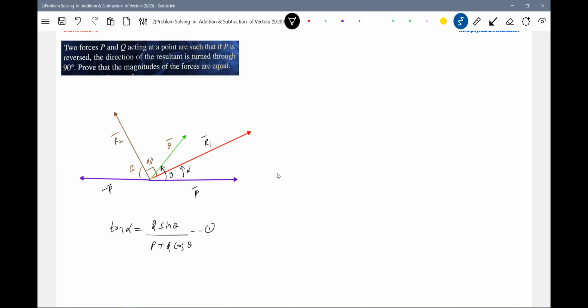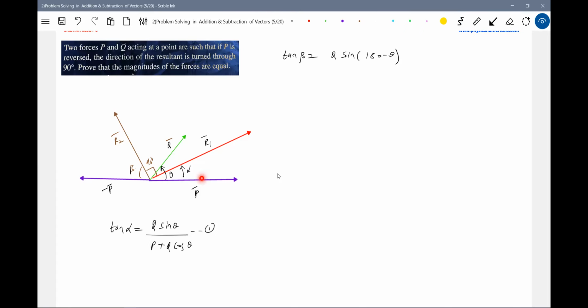Let me put it. Looking at this diagram, tan beta, I'm asking you to look here. We can write tan beta is equal to, again, the other vector is Q, and the angle between them will be sine of 180 minus theta. What is the angle between minus P bar and Q bar?